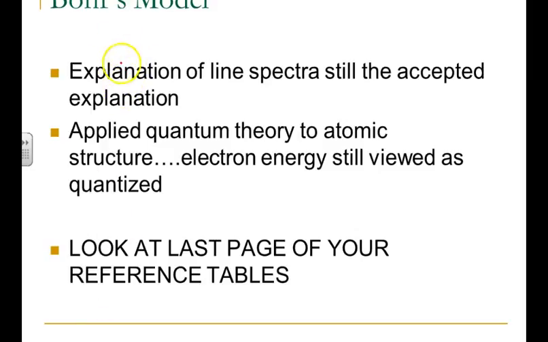So some things that come from Bohr's model that we still keep. We have the explanation of line spectra still accepted. Even though his model doesn't necessarily always predict perfectly, we still say emission and absorption spectra are due to electrons jumping.